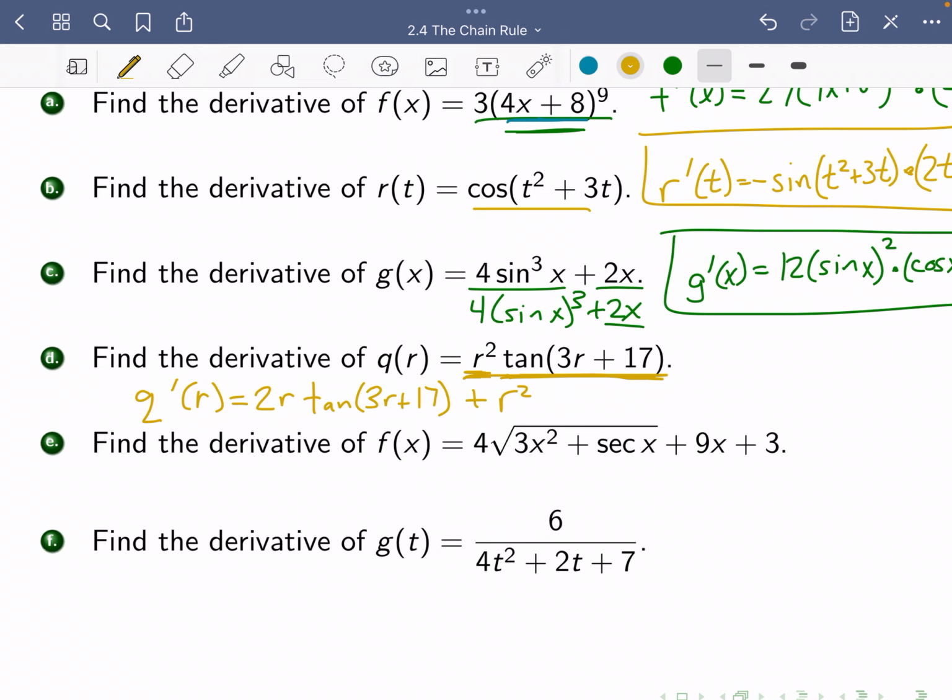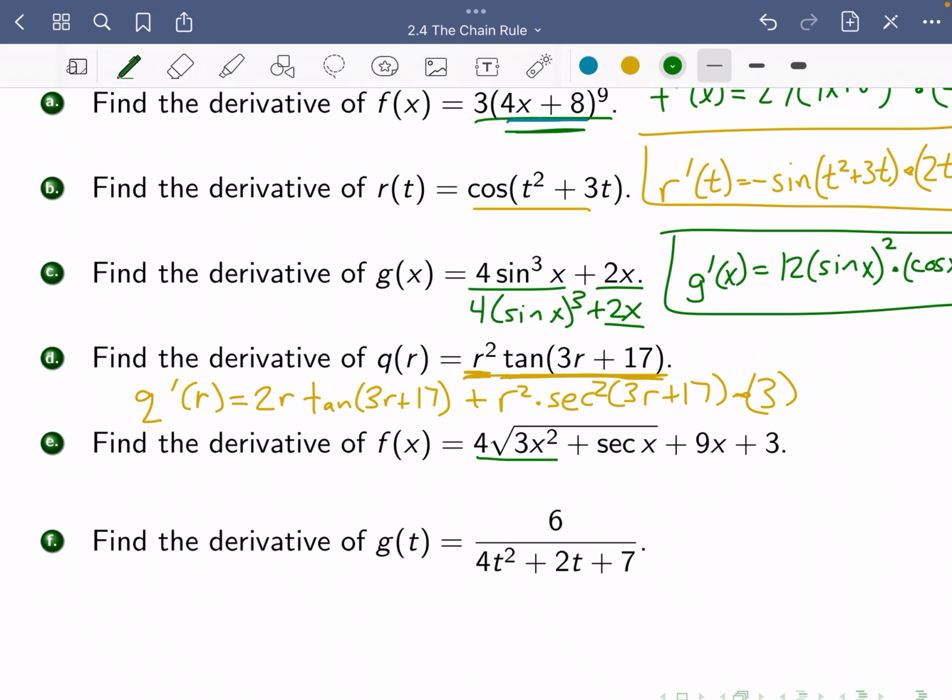So we have a chain rule that's going to happen there. Our outside function is the tangent. Its derivative is secant squared. The inside stays the same. Times the derivative of the inside, which is 3. So lots happening there. We need to be really careful. We have a product rule and chain rule that's going on.